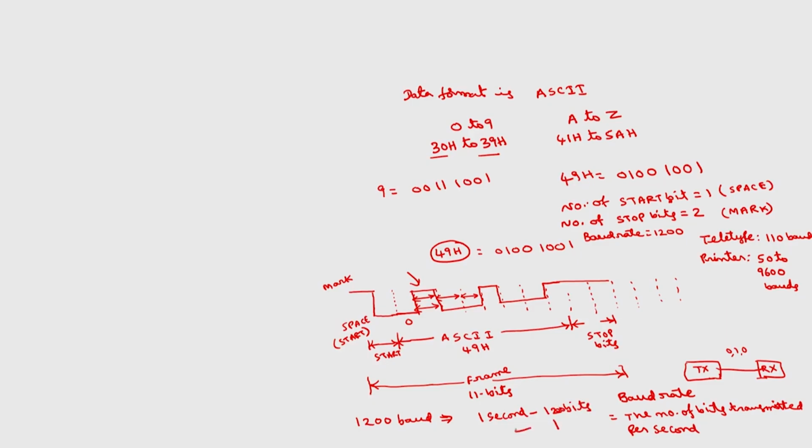So, what is the time taken for 1 bit? This will be 1 by 1200. So, the duration of this one will be 1 by 1200, which comes to around 0.83 milliseconds.